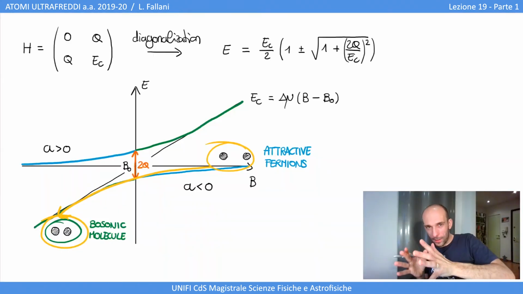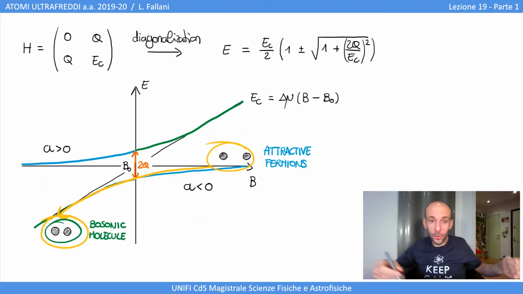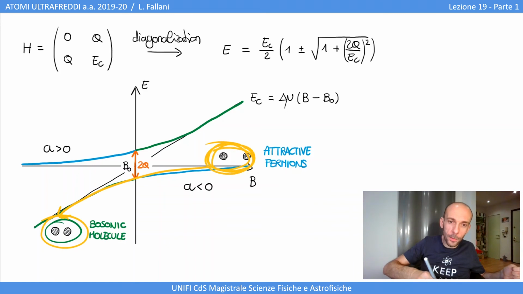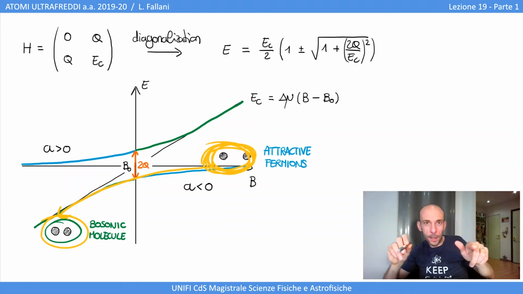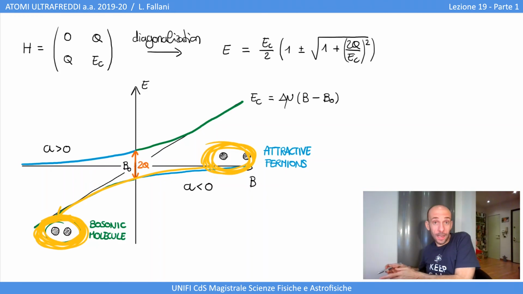So this physics is quite complicated, so don't worry if there are things that you don't understand. It is natural. I just want to give you a flavor of what's happening here. Just try to understand this. When we have this Feshbach resonance, the system of two fermions can change continuously between fermions with attractive interaction to a bound state, so to a molecule of these two fermions, in the regime where you expect a positive scattering length.